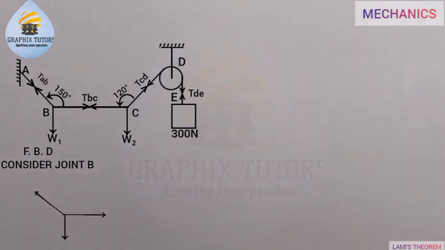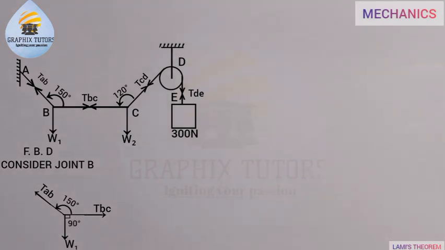We have the TAB, tension along AB, we have the W1 acting downward, and we have the tension TBC along the string BC as shown here. And we have a force this way, which gives us 150 degrees, and we have an angle at this point here, which is giving us 90 degrees.